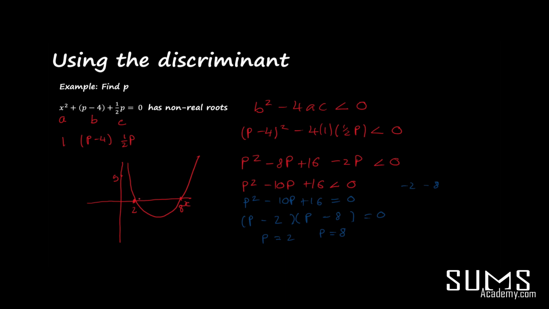So what does this mean? It means that for this expression to be less than 0, that happens between 2 and 8. So your answer becomes when p is greater than 2 and p is less than 8. Or you can write it out in the form when p lies between 2 and 8.